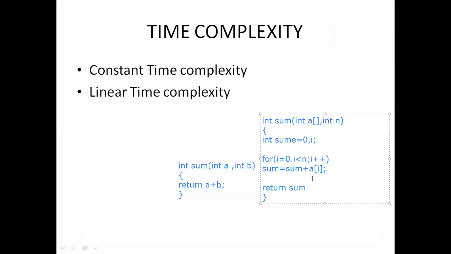Okay, then this is where the loop starts, and this is the body of the loop. So what is fixed: n is fixed, sum is also fixed, i is also a fixed part. Whereas the variable part is only a of i.